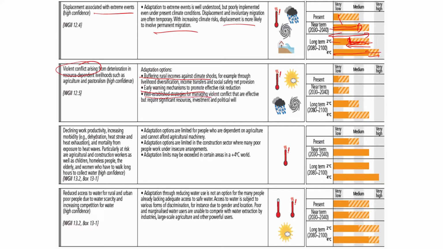There are well established strategies for managing violent conflicts. Do we believe that? Wow. Look around the world and decide for yourself. So, extreme heat and dry days, extreme rain, storms, etc. Already there are many places with risks, but adaptation strategies also exist. With time, the risk goes up, but the adaptation strategies also exist.